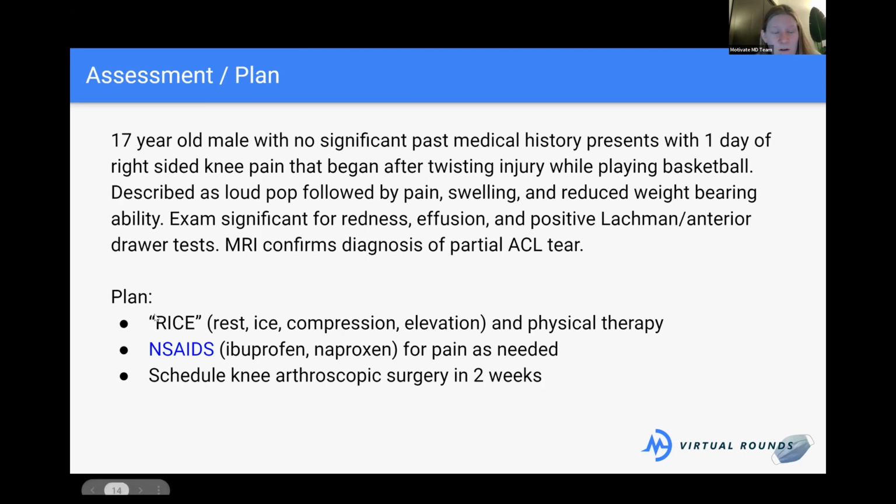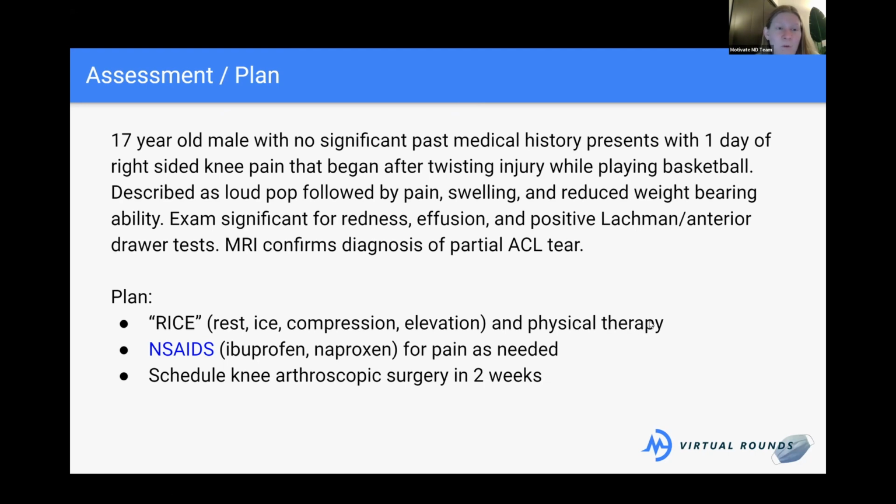And then every patient who has an ACL injury should also get physical therapy to help strengthen the muscles that support the joint, and to make sure they are not overcompensating with structures that are not supposed to be used in a certain way, to prevent further injuries. So RICE therapy and physical therapy.